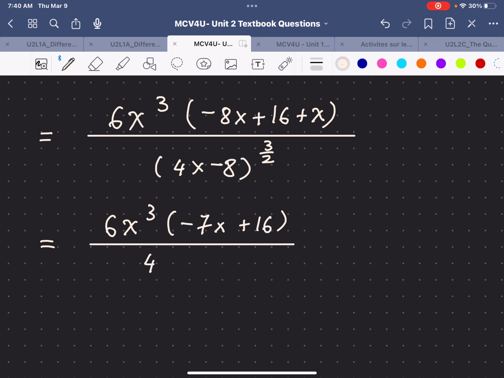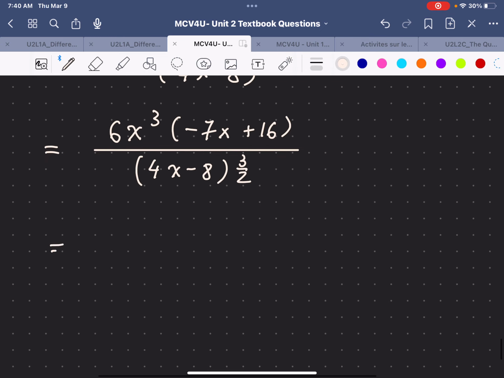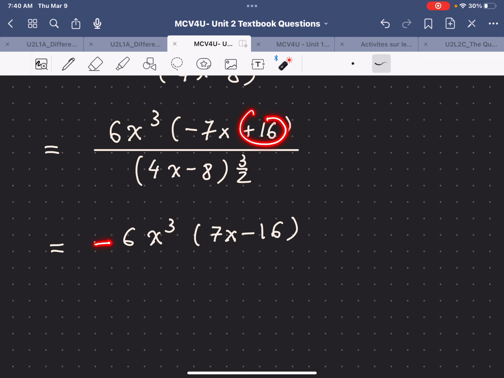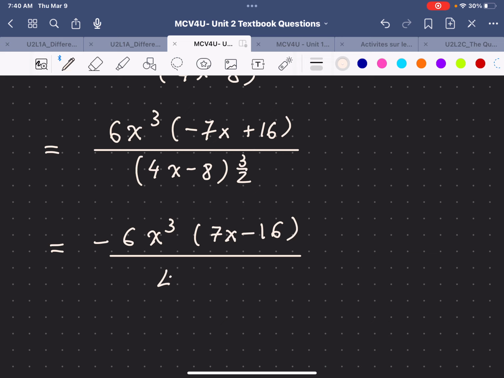And usually we do not like to start an expression with a negative leading coefficient, so the negative can come out, and that will make negative 6x cubed, 7x minus 16, so the plus 16, once the negative is out, will turn into a negative, and that will be divided by 4x minus 8 to the power of 3 over 2.